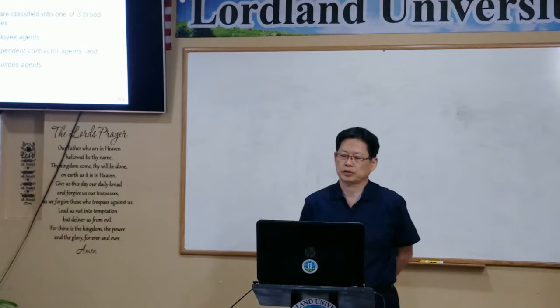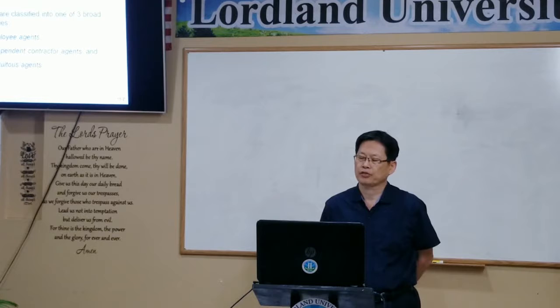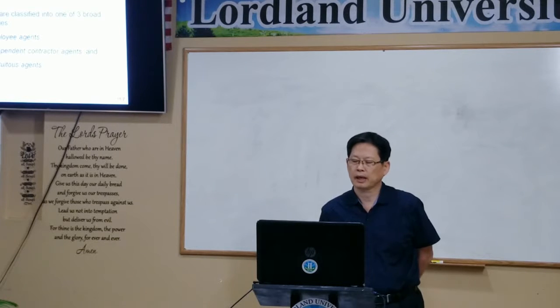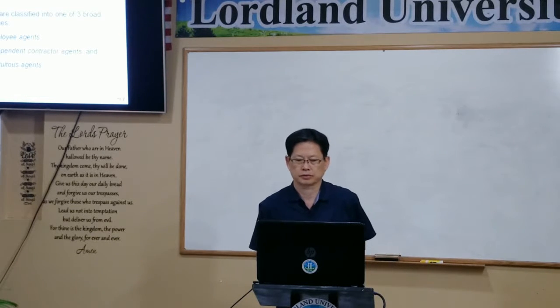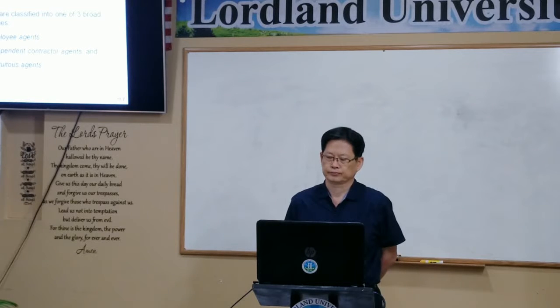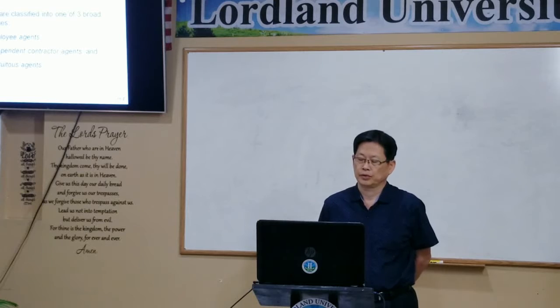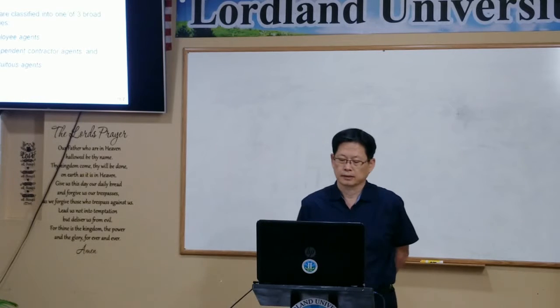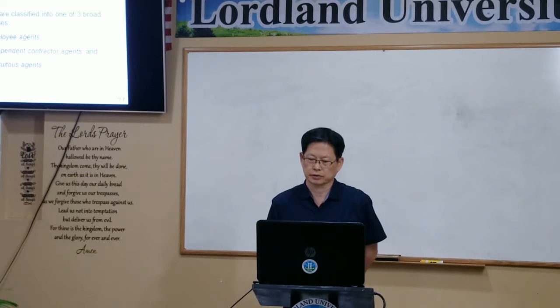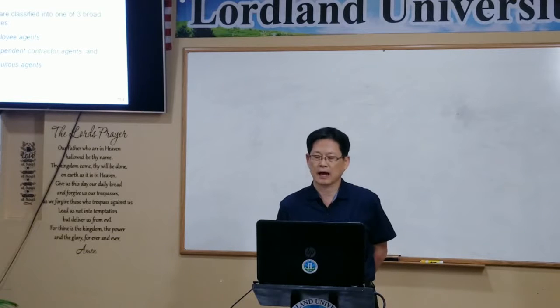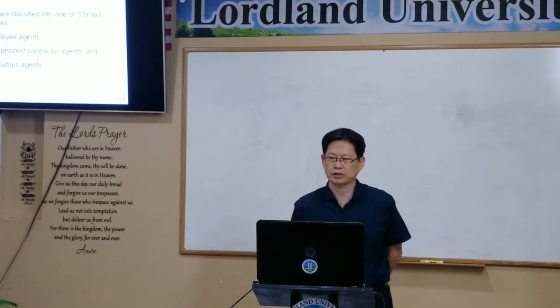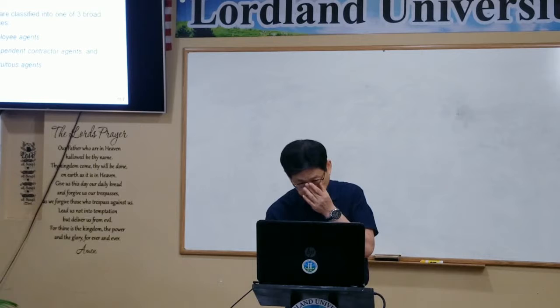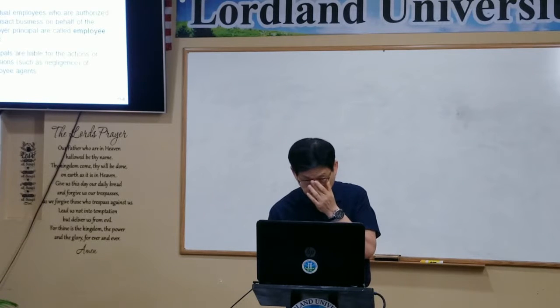Classification of agent. There are 3 big categories of agent: employee agent, independent contract agent, and gratuitous agent. There are 3 types of agent.